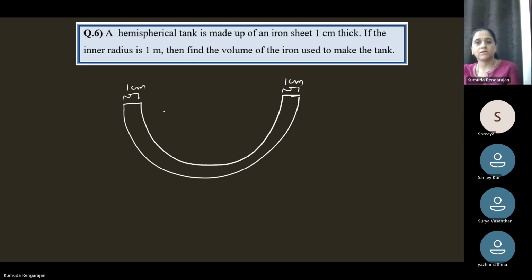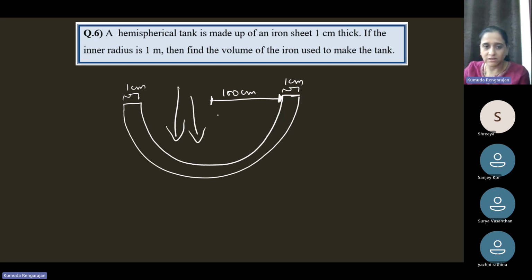If the inner radius is 1 meter, here the inner radius is 100 centimeters because 1 meter is 100 centimeters. Find the volume of iron used to make the tank. Iron is a material. They're not asking you how much water the tank can hold. They're asking you the volume of iron. How much material was used to make the tank?